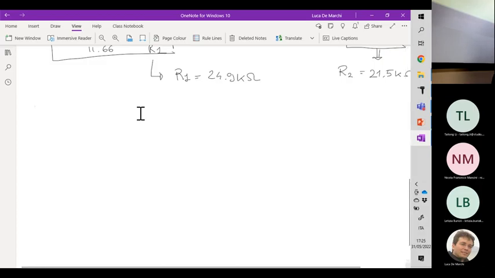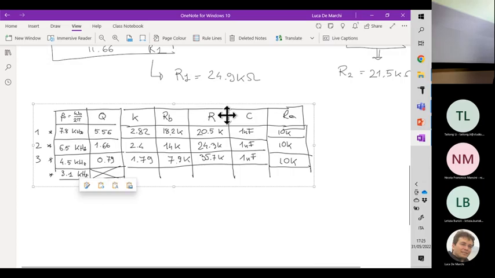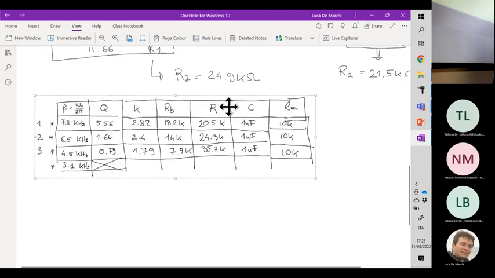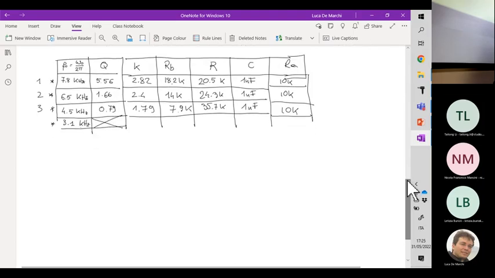Okay, so we can use this table now to design the whole circuit. We have to plug in three Sallen-Key stages and then the first order one. So the whole circuit will be something like this.